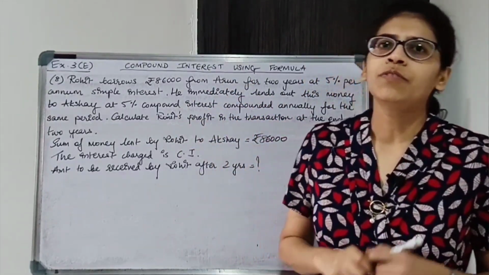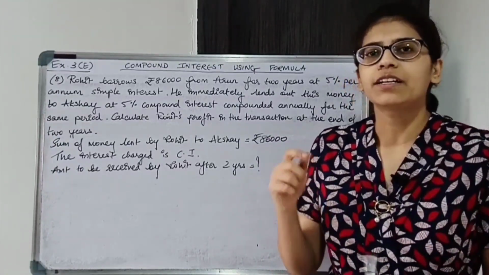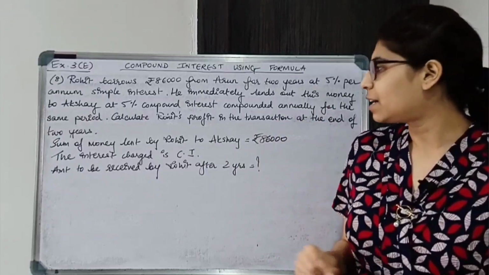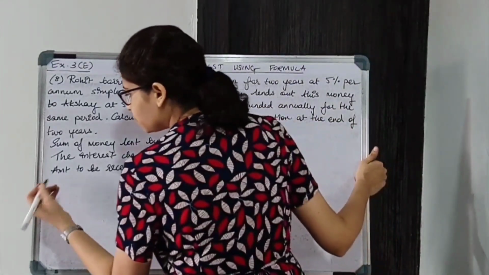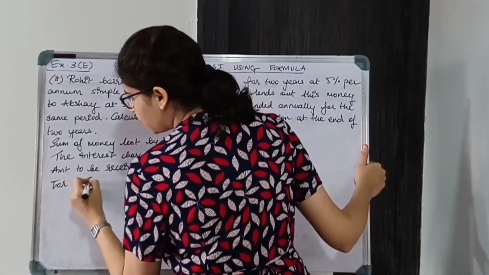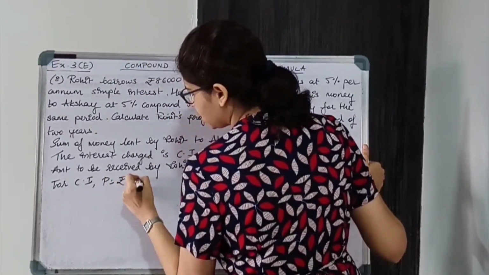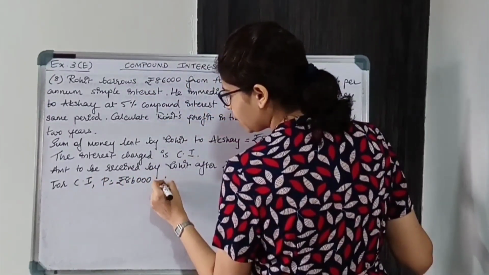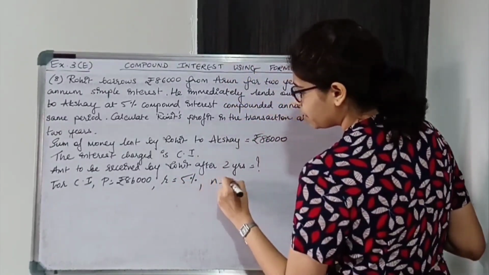Okay, so we know all the information. We know principal, we know rate of interest, we know number of years. So let us find the amount that will be received by Rohit after 2 years. We'll directly use the formula. In case of compound interest, principal is 86,000, rate of interest is 5% and number of years is 2.